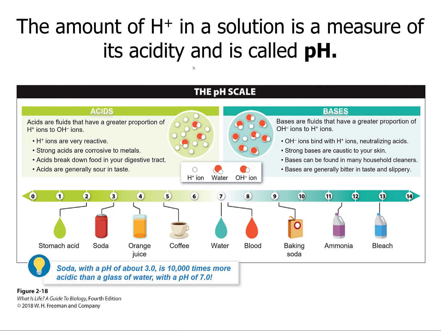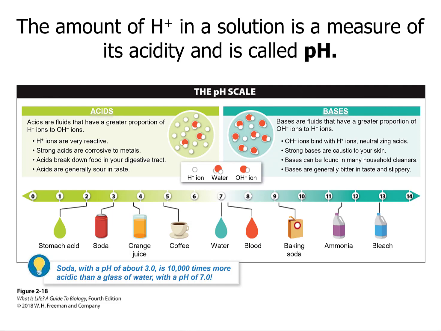So the amount of hydrogen ions in a solution is the measurement of the acidity, and it's called the pH. So we have pH 7, water. I told you if you dissociate pure water into hydrogen and hydroxide, they'd be equal in concentration, and we call that pH 7.